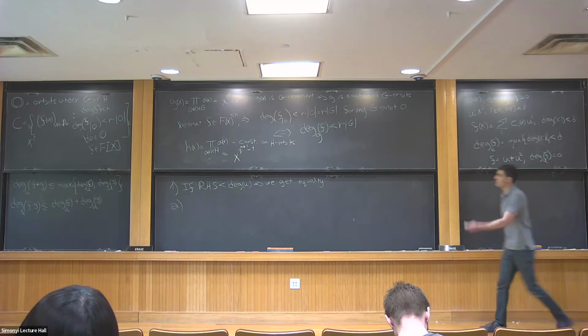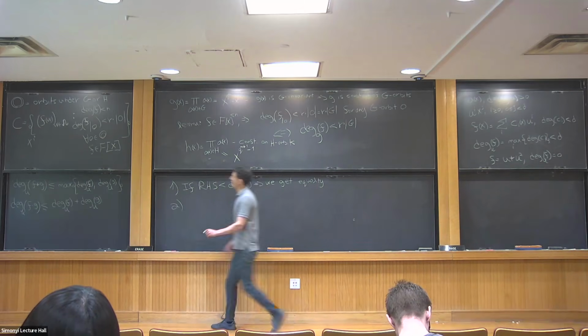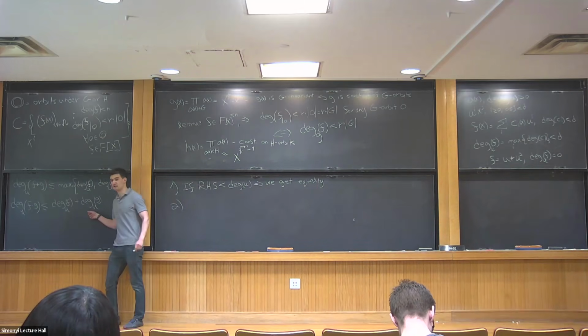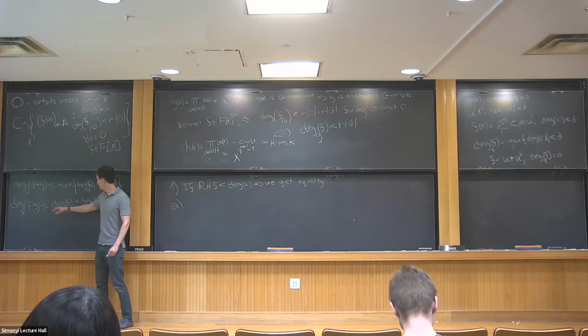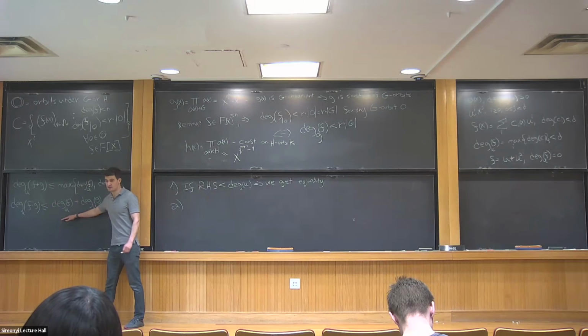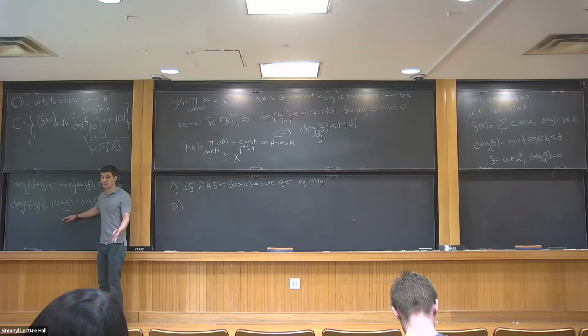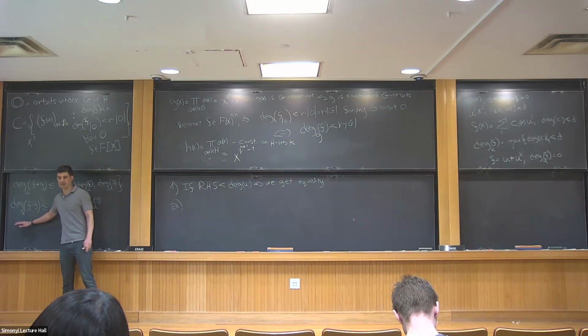Let's start with the trivial case. If this is at least d, where d is the degree of u, then there's nothing to prove, because we know this is all the time less than d.